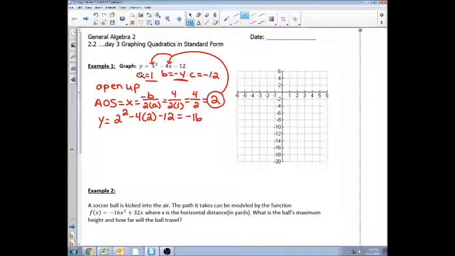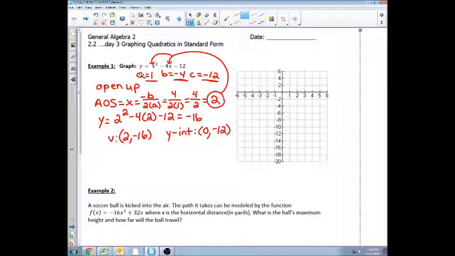So my vertex is 2, -16. Okay? My y-intercept is the next thing we wanted to talk about. Well, my y-intercept is just going to be 0, comma, my c value, which is -12.